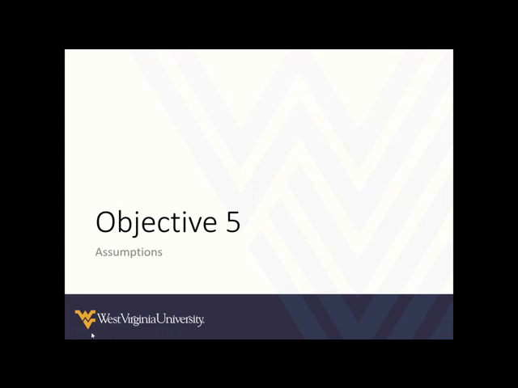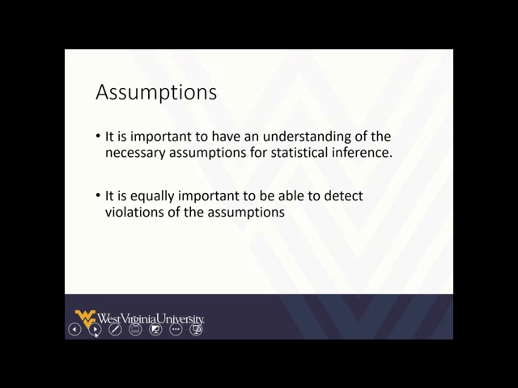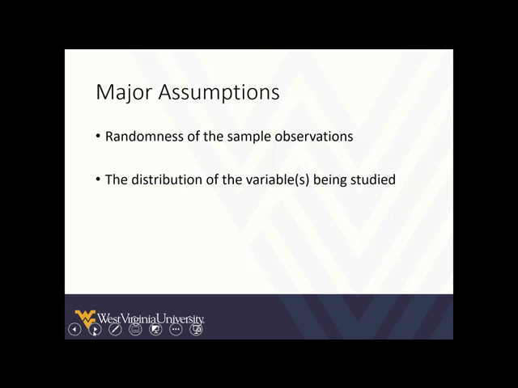So at this point, we are at our last objective, which is to talk about the assumptions. And really, there's only one assumption I want to talk about. So for assumptions, we do know that it's important to have an understanding of the necessary assumptions for statistical inference. And it is equally important to be able to detect violations of these assumptions.